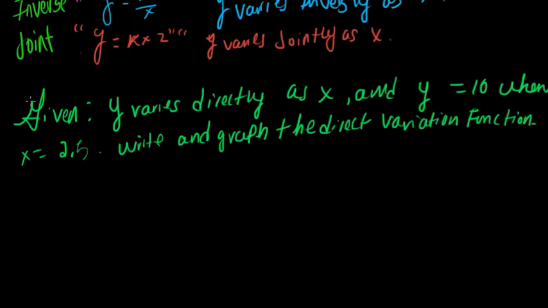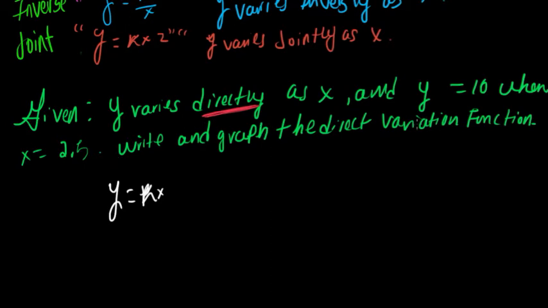We want to find the relationship between x and y. The key word here is directly: y varies directly as x. So that means our direct equation is y is equal to k times x. Then it says y is equal to 10 when x is equal to 2.5.